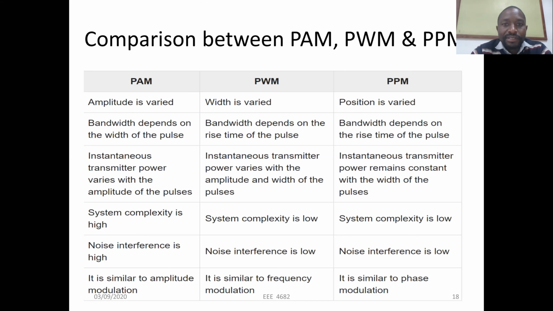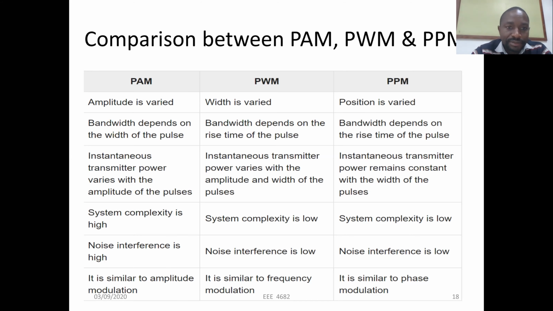With pulse width modulation, due to the variation of the width of the pulse, the transmitted power also varies. However, in pulse position modulation, power transmitted is constant because the width and the amplitude of the pulse are kept constant.